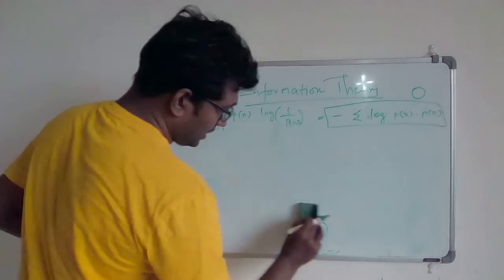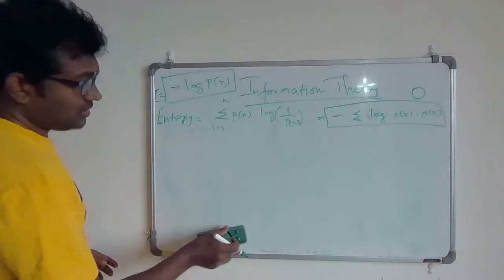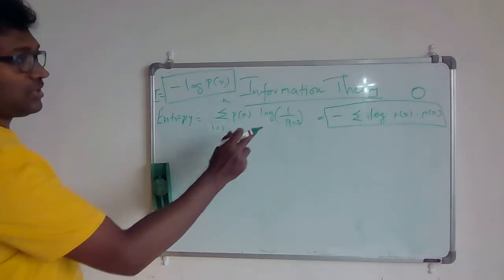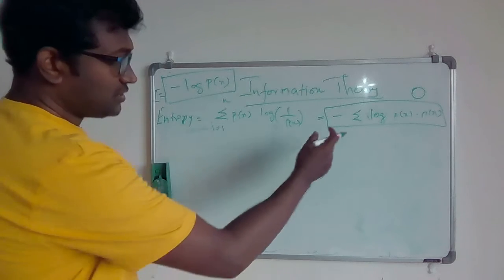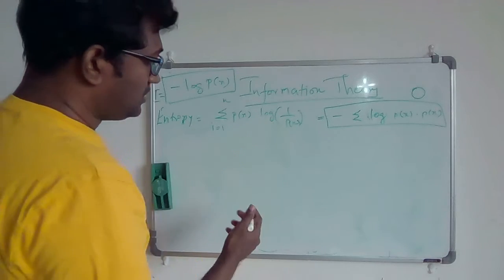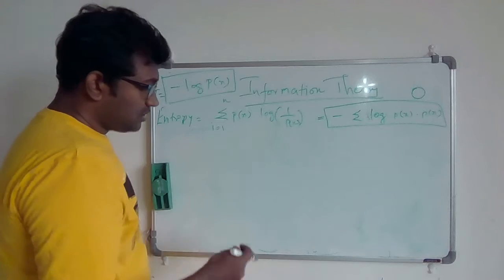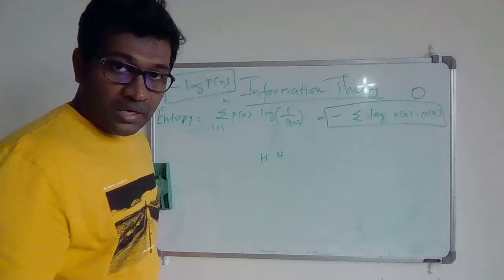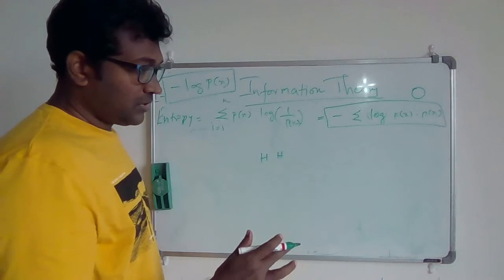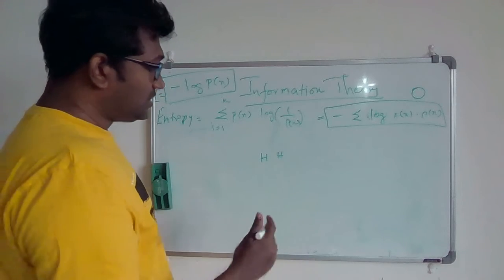Okay, and I'll just repeat why we are using log here, and why we are not just using the inverse. Suppose we toss a coin, and you know that the coin is a biased coin; it always has heads.